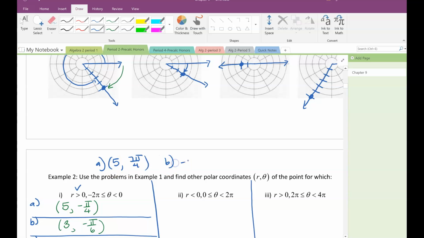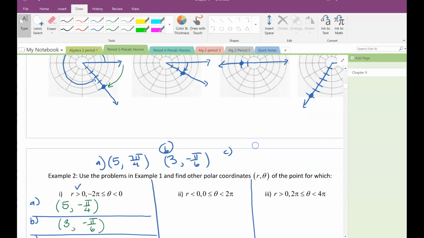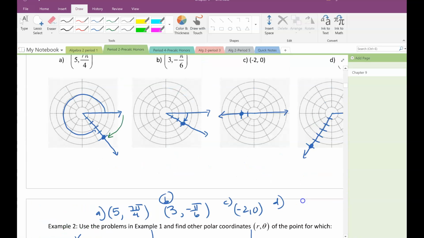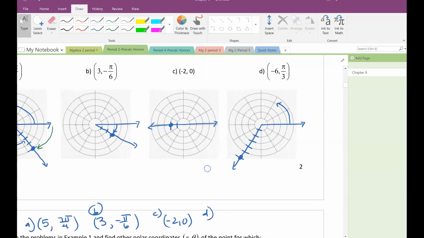And B was positive 3, comma, negative pi over 6. And C was negative 2, comma, 0. And D was negative 6, comma, pi over 3. All right, there you go.